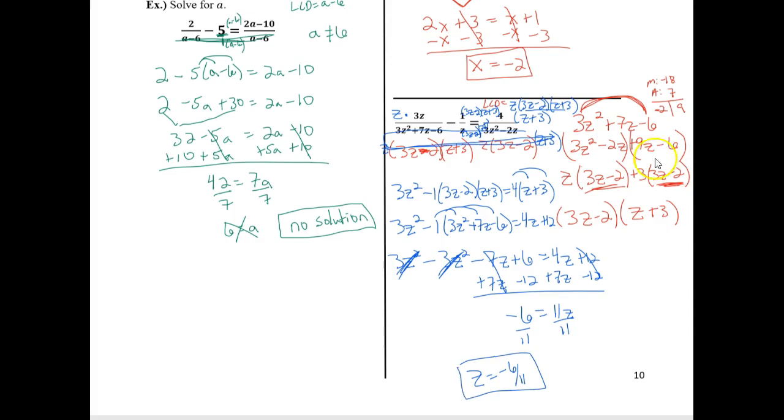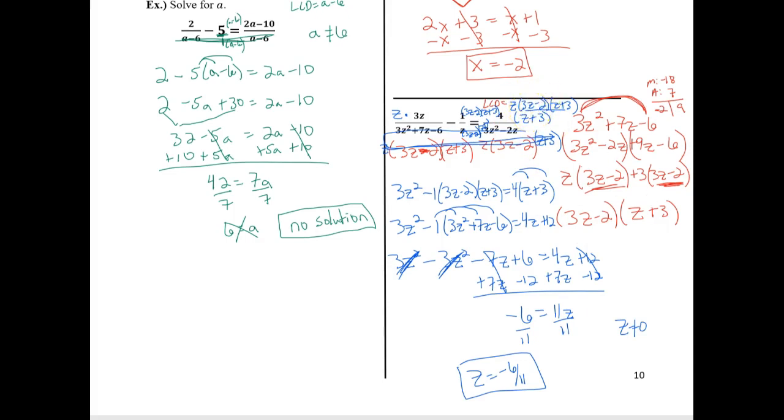But I stop, I recheck my domain, right? I want to make sure that this solution will not make any of my denominators 0. So looking at the three possible ways to get 0, z itself cannot be 0. And here I'd set this factor equal to 0, 3z minus 2.